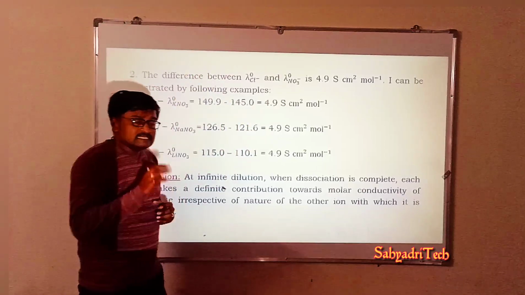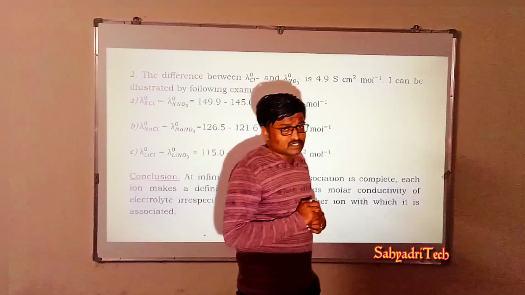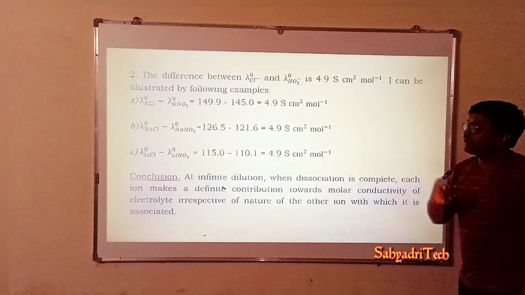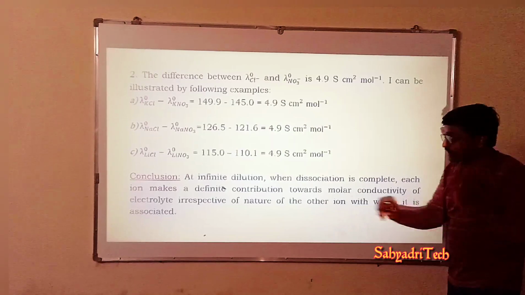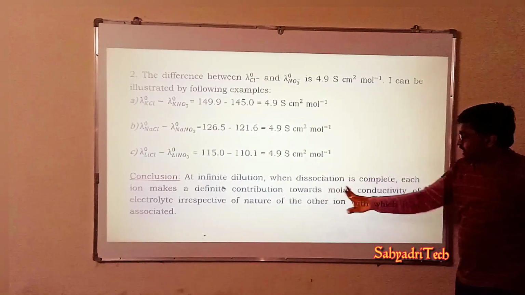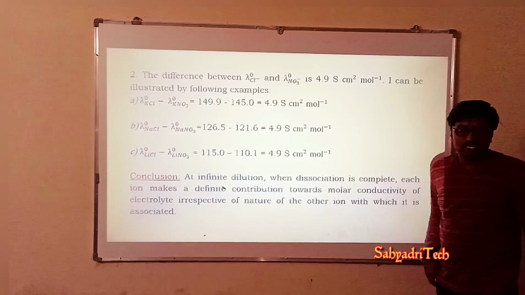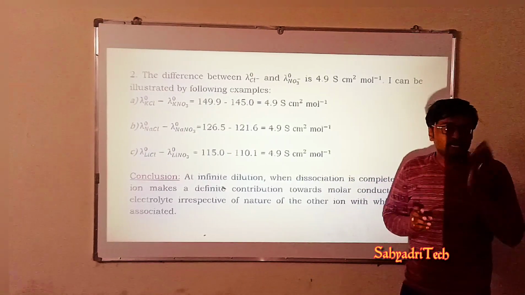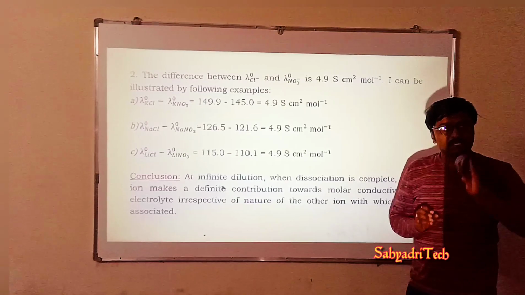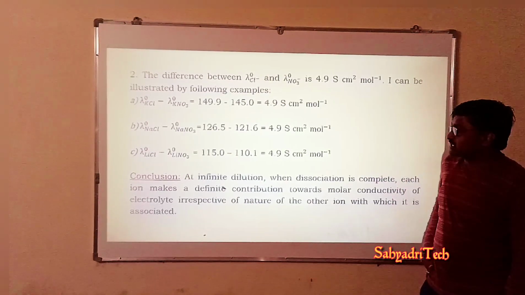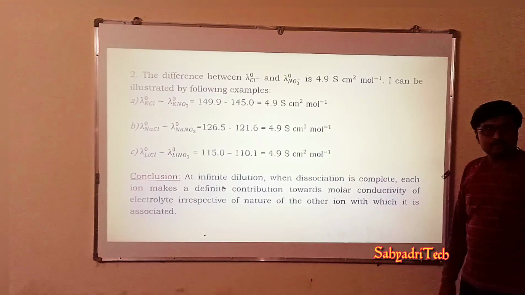By analyzing these two illustrations, what is the conclusion drawn? At infinite dilution, when dissociation is complete, we already mentioned that at infinite dilution even a weak electrolyte acts as a strong electrolyte. It means all electrolytes undergo complete dissociation at infinite dilution.